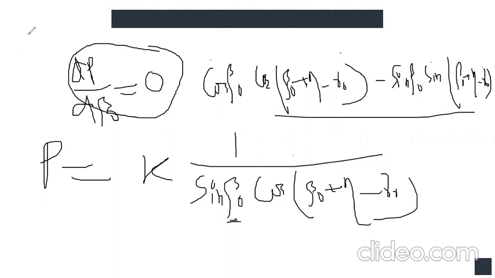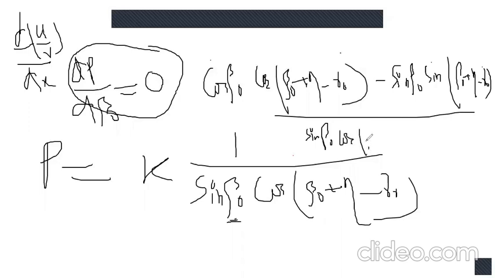This is the u by v form, d of u by v form, by sine beta cos beta plus eta minus gamma 0 whole square.